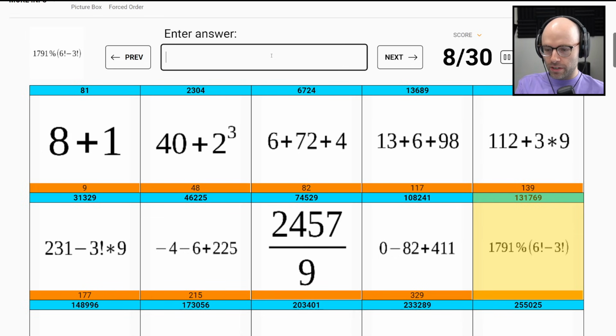6 times 5 is 30. 30 times 4 is 120. 140 times 3 is 420. I've lost it already. It's 240 minus 6. 234. 1791 into 234.